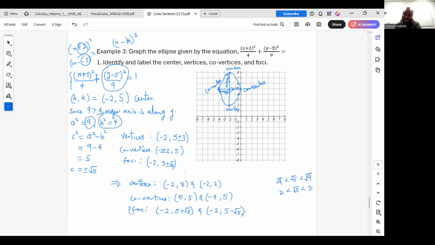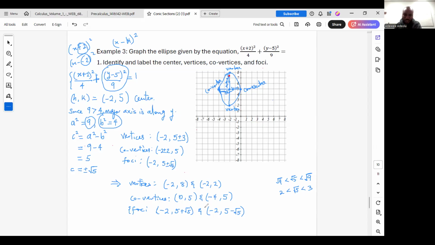I'm adding something that is more than 2 to 5, so that would be more than 7, less than 8. So negative 2, comma, between 7 and 8. Let me use another pen so that you can see it. So somewhere here.